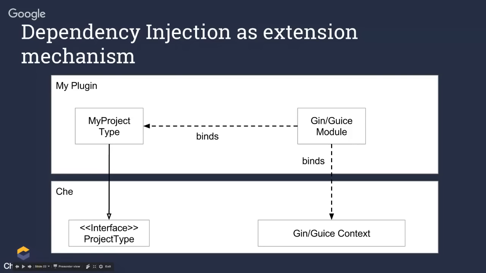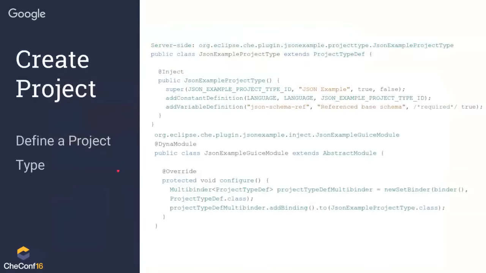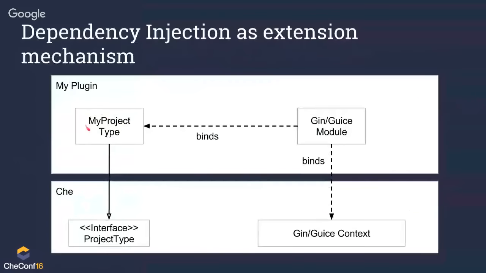For example, a project type that you can see on the slide. In this case, we typically implement a given Che interface. So for example, if we want to register a custom project type, we implement the interface project type given by Che in our plugin. And our custom class is then my project type. That's pretty simple.